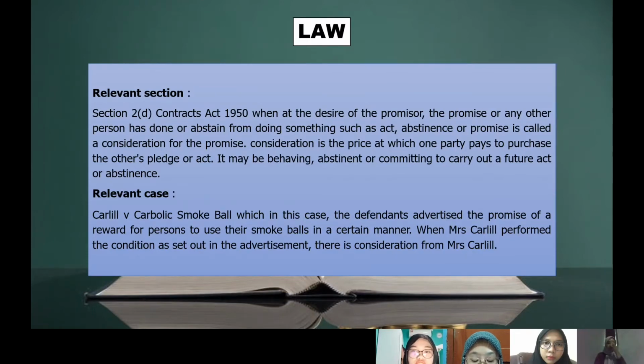The relevant case for this situation is Carlill versus Carbolic Smoke Ball, in which the defendants advertised the promise of a reward for a person who would use their smoke ball in a certain manner. When Mrs Carlill performed the condition as set out in the advertisement, there was consideration from Mrs Carlill. So there is consideration between Madam Useful and her son Useless.